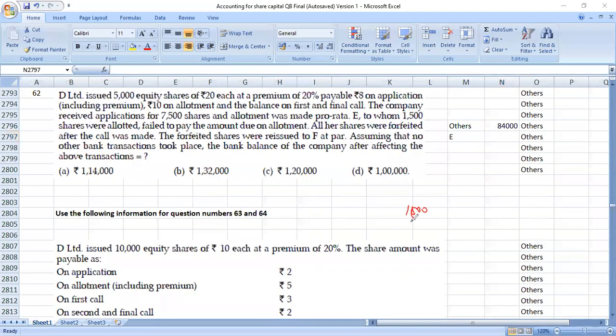So 1,500 into number of shares allotted 5,000. Same answer varum pola irukku.